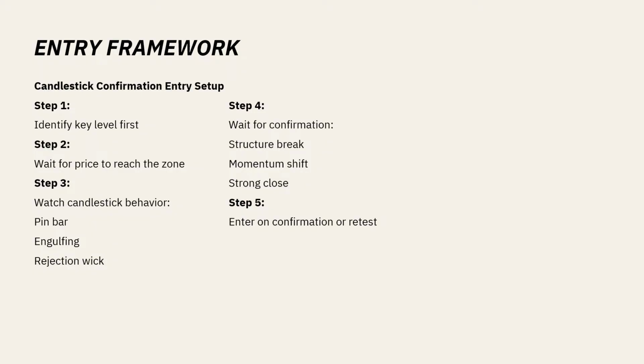Then step four, we wait for confirmation: a structure shift, momentum change, or strong candle close. This is what separates confirmation from guessing. This is very, very important. You have to wait for the confirmation. And then finally, after all of those, you can execute your setup or entry.